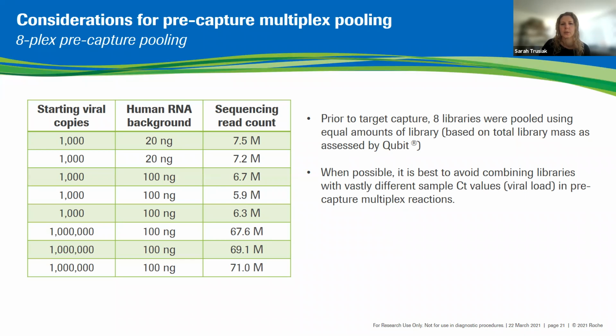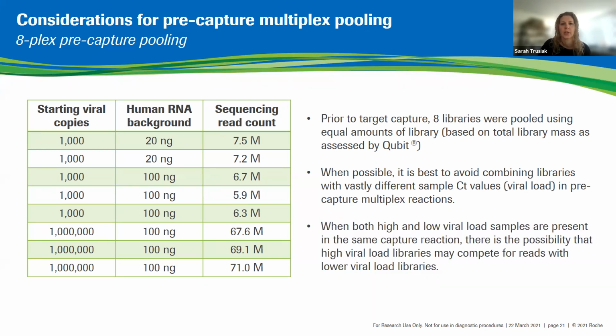This would be the upstream SARS-CoV-2 viral load qPCR that's performed prior to any library preparation when choosing libraries to do pre-capture multiplexing with. As I mentioned, the reason for this is if you have very high and lower viral load samples present in the same capture reaction, there is the possibility your high viral load samples may compete for reads.